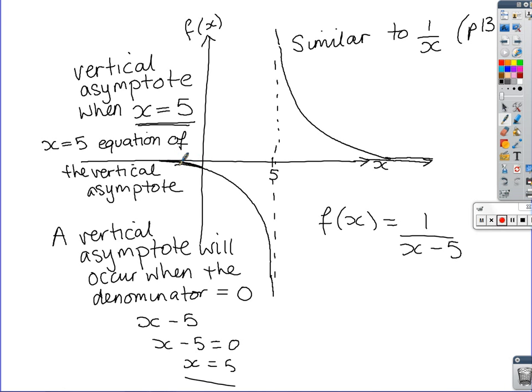That doesn't actually touch at any stage, it just gets closer and closer. So in this example, you've got a horizontal asymptote as well, the x-axis. So that equation is y equals 0.